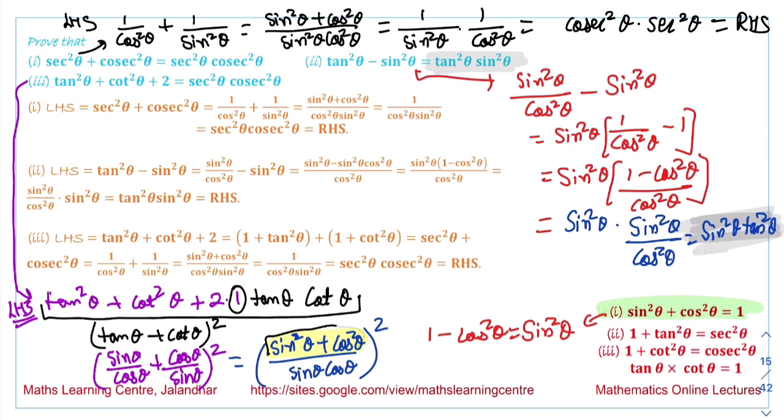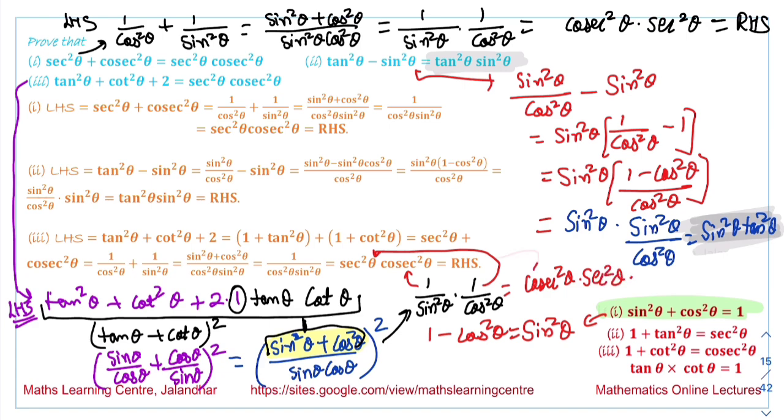The value is 1, and the answer we are left with is 1 over sin square theta into 1 over cos square theta. 1 over cos square theta is secant square theta, and 1 over sin square theta is cosecant square theta. So we are saying this is equal to cosecant square theta into secant square theta.